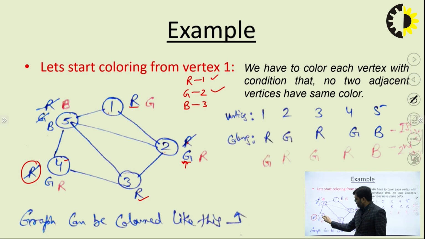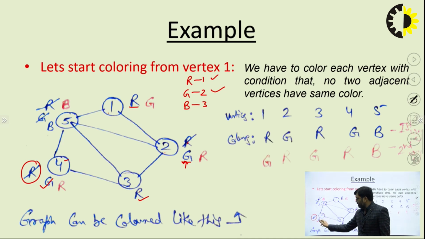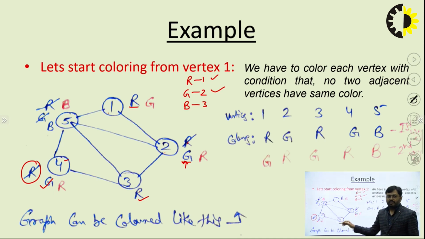Can we give green color to vertex 4? Yes, we can give green color to vertex 4, and we check vertex 3, which is the adjacent vertex to 4, which is red, and we are giving green color to vertex 4, which is okay.